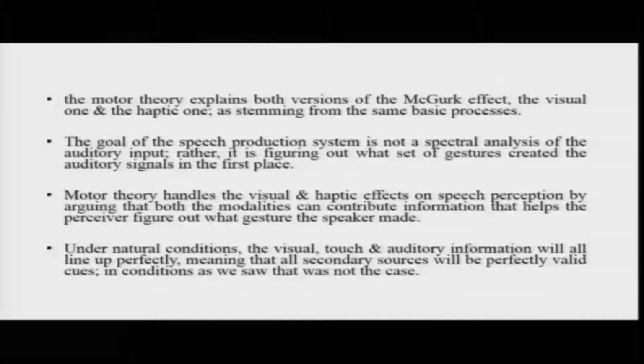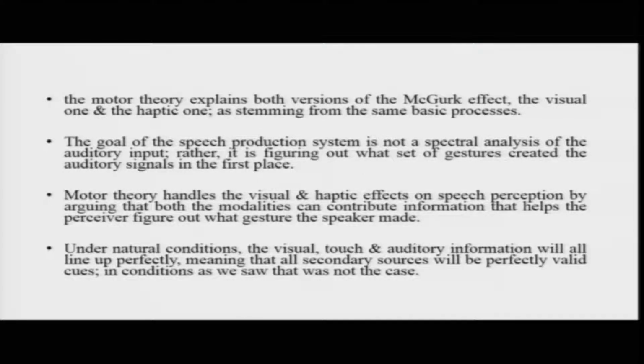As in the visual version of the McGurk effect, what participants actually perceived is the combination of the information from the tactile modality and the information from the auditory modality. So they again hear the syllable "da." Now, the motor theory explains both the visual and the tactile versions of the McGurk effect as stemming from the same basic process.